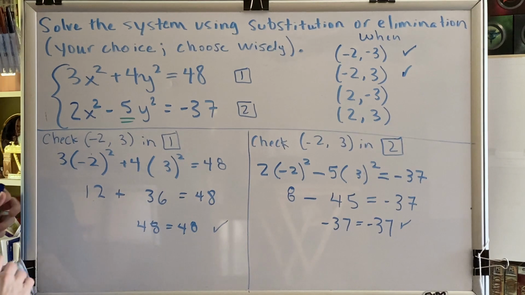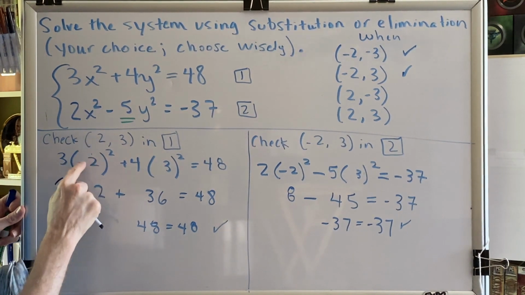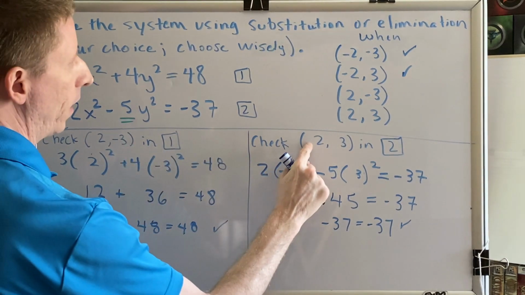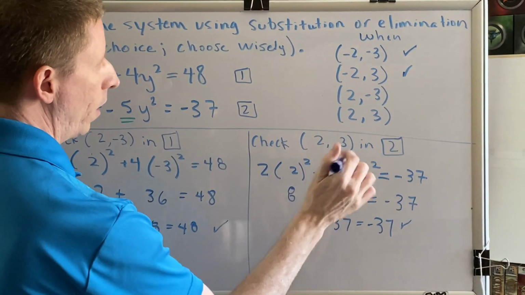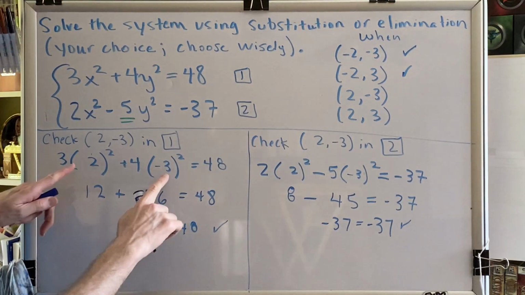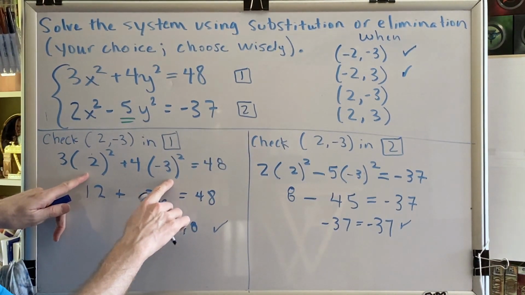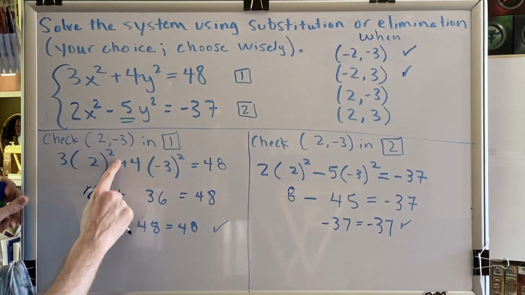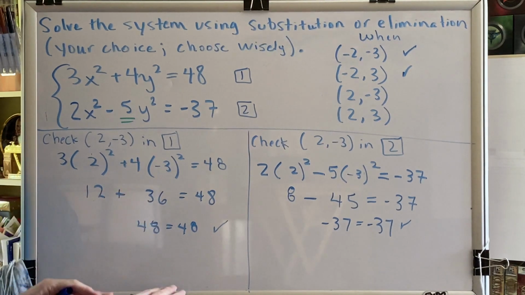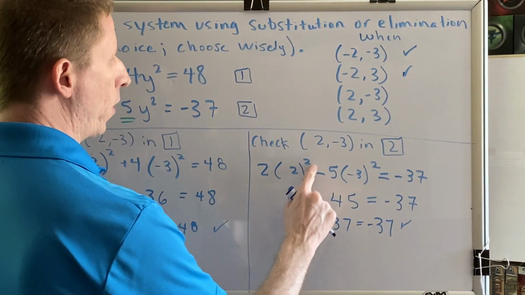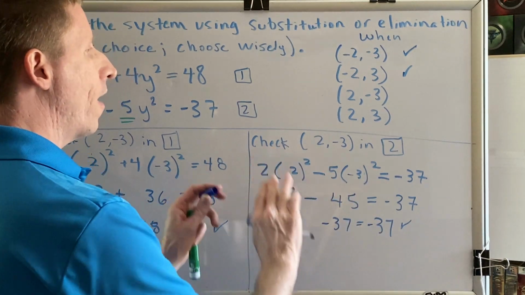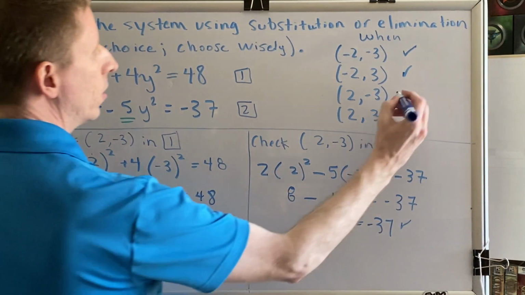Alright, 2, -3. So now, this is positive, this is negative. This is positive, this is negative. Okay, so we've seen changes in both places now, but, as predicted, 2 squared is 4, times 3 is 12. (-3) squared is 9, times 4 is 36, the rest of the algebra checks. 2 squared is 4, times 2 is 8, (-3) squared is 9, times 5 is 45, the rest of the algebra checks.